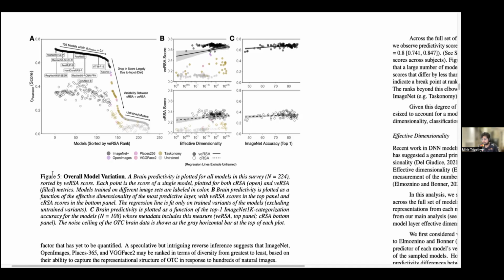If a model has been trained on semantic segmentation, those learnings do not transfer very well into predicting brain predictivity. So that's also a factor, that the tasks of these models matter. It's also the diet. So you cannot arbitrarily say from this graph that it's just the model, because there are different models as well.